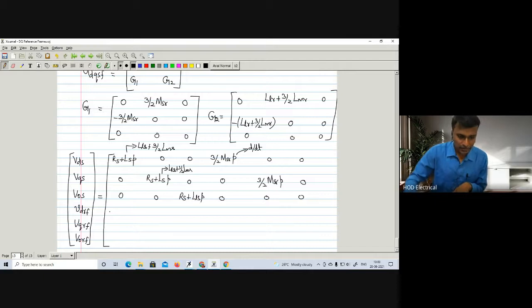Then again 3 by 2 MSR into P, 3 by 2 MSR into omega R.